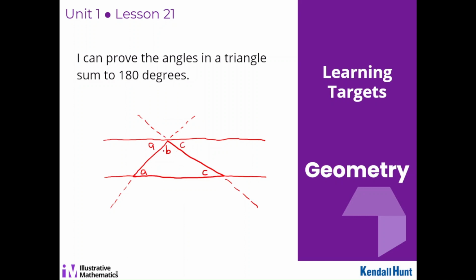And now if you look at the top, I see that I have this straight horizontal line, which means A, B, and C must equal 180 degrees because of the straight line at the top.